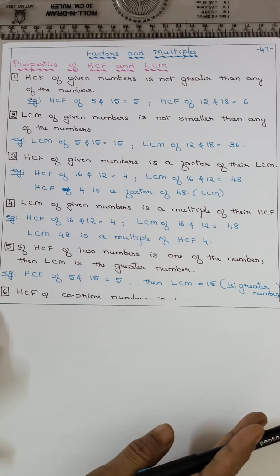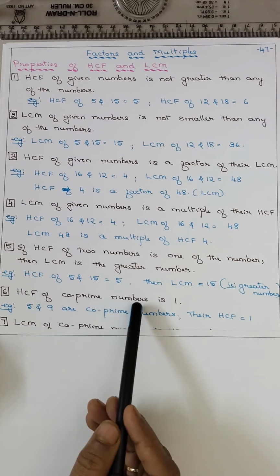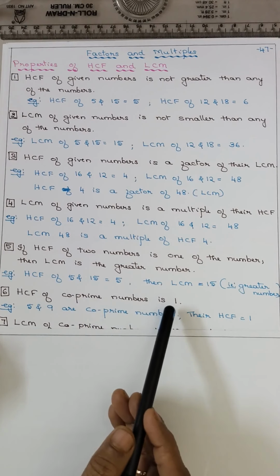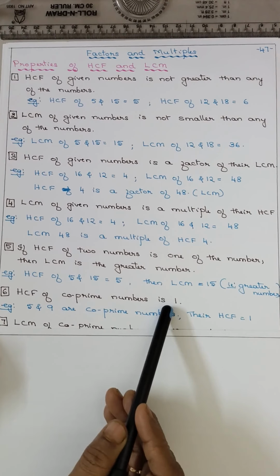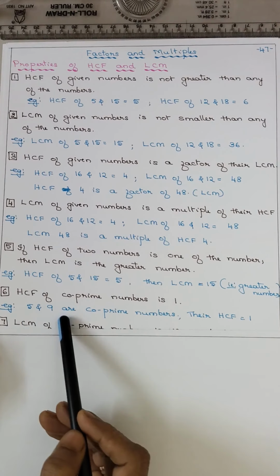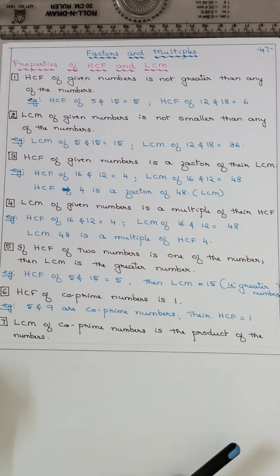Now, HCF of co-prime numbers is always 1. Co-prime numbers mean they have only one common factor, that is 1. So if 5 and 9 are co-primes, then HCF is 1.